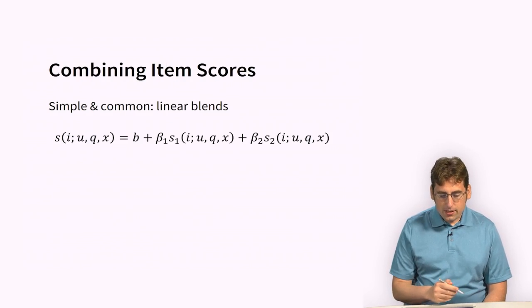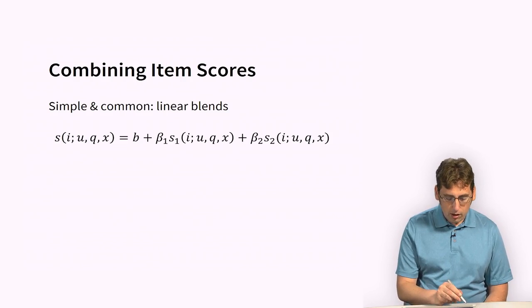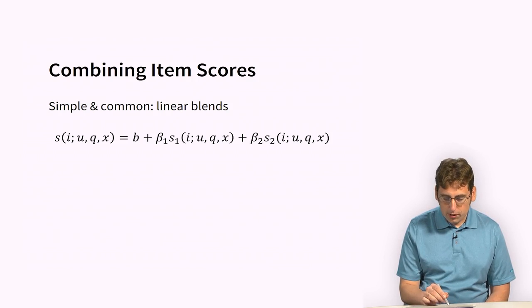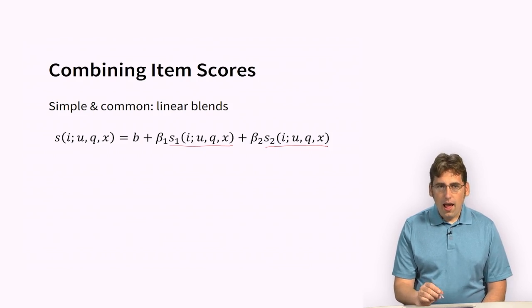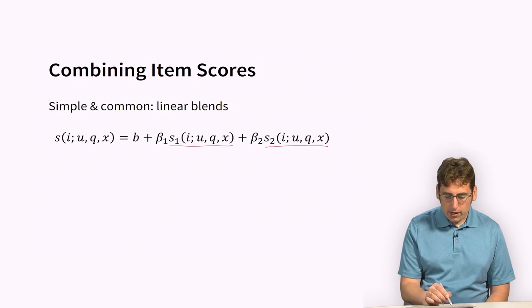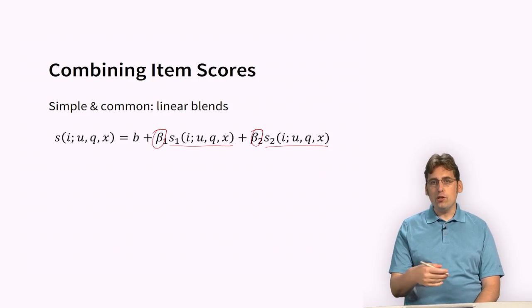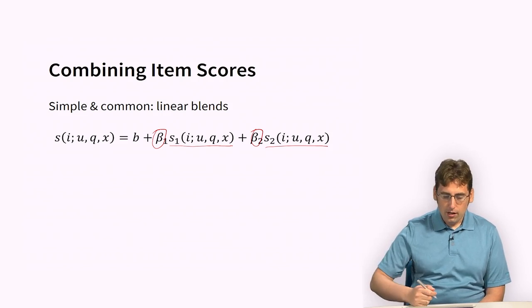One of the simple ways is a linear blend of multiple algorithms. We can build our scoring function out of two inner scoring functions, and then we assign blending weights, these betas, to say how much we want to value each recommender's input.